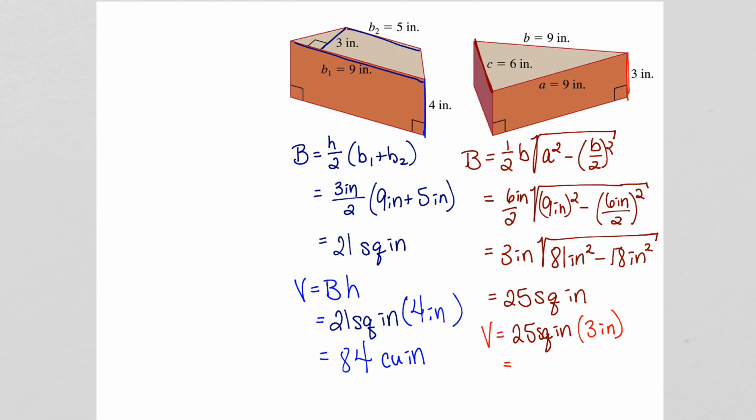I think I left off, this should have been 25.5 there. Okay. Multiply by 3, and we have about 76.5 cubic inches.